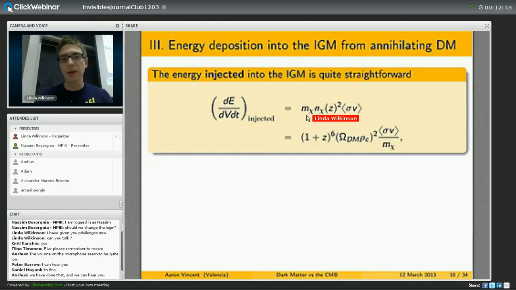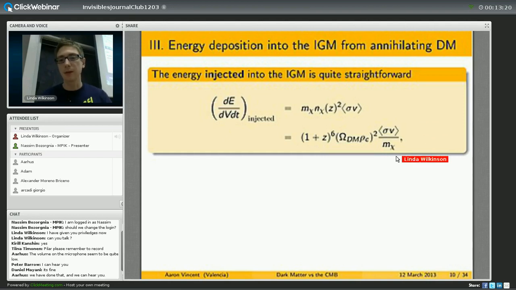And so the injected energy is this rate times the mass of each particle, the mass being the amount of mass energy that's available to be injected into the medium. The number density of matter goes as the scale factor to the -3, so this goes as 1 plus z cubed, where 1 plus z is the redshift. So in the end, you get an amount of injected energy that's proportional to (1 plus z)^6.